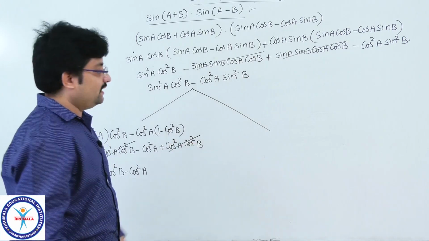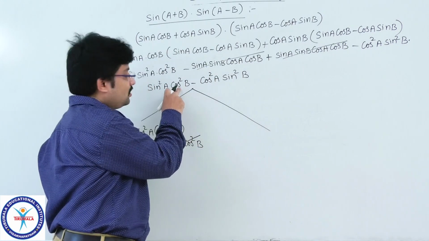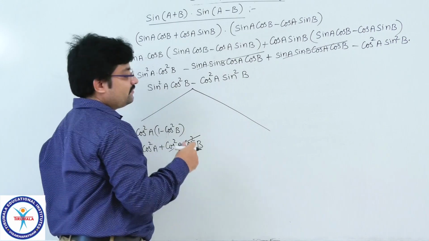In terms of sin, we can derive this one as cos square theta can be written as 1 minus sin square theta.